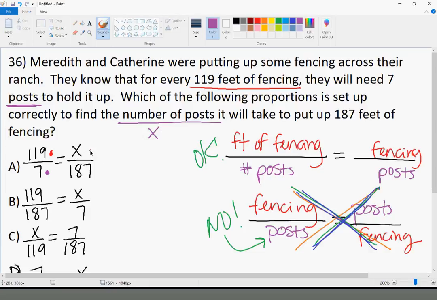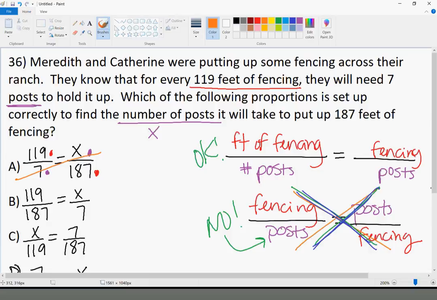So for option A, this X represents the number of posts for 187 feet. That would be here. So you see how it's not lined up properly? So this would not work. Okay? I'm just using the colors to kind of help you compare.